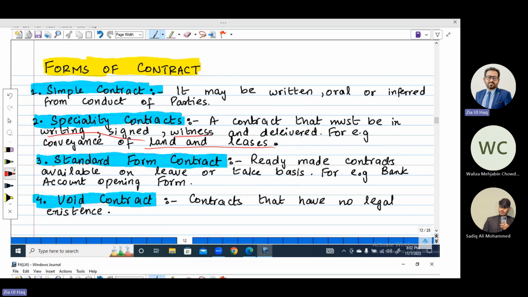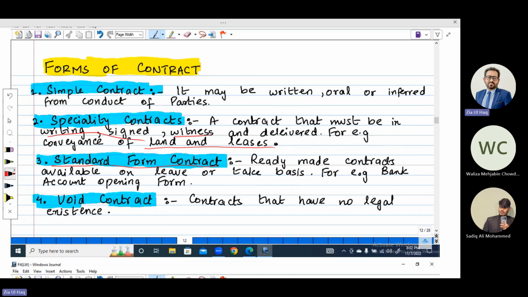What is standard form contract? Standard form contract, like you are buying any product and you need to fill a form to buy that product. And on that form, there are certain terms and conditions written. So you need to enter into the contract according to all terms and conditions. If you do not agree with any of the conditions, you cannot make the contract.